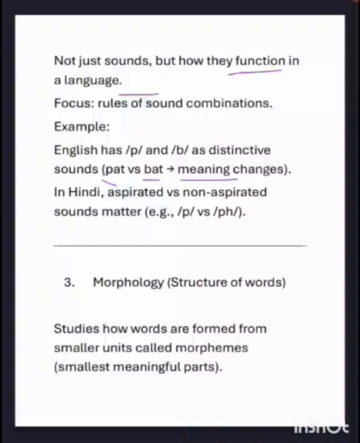This is how phonology works. Its focus is on the rules of sound combination.